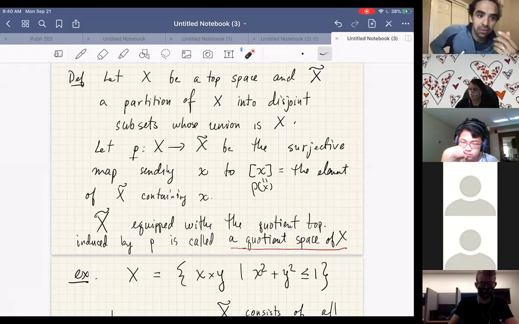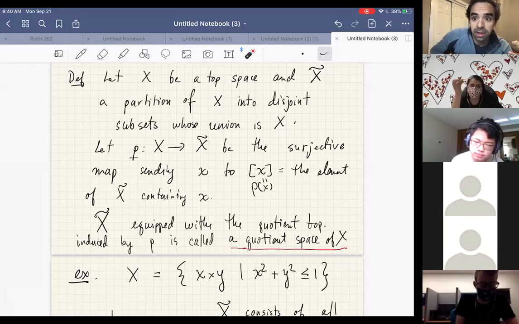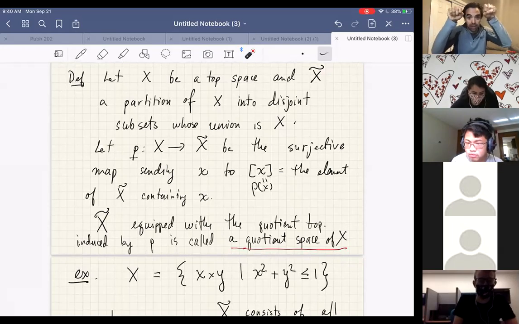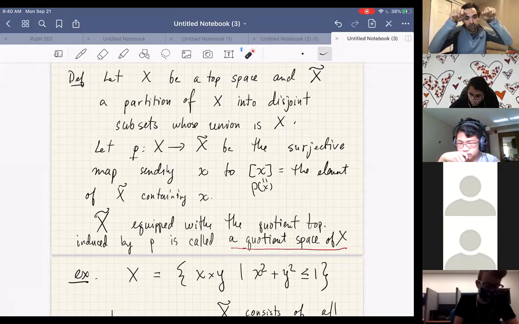So is it clear how this formalizes the idea of gluing topological spaces? If you have two disjoint topological spaces, and let's say I want to glue them at a point, then what do I do? I take the disjoint union of those two topological spaces and I declare an equivalence relation that says that my two selected points on each space are related.